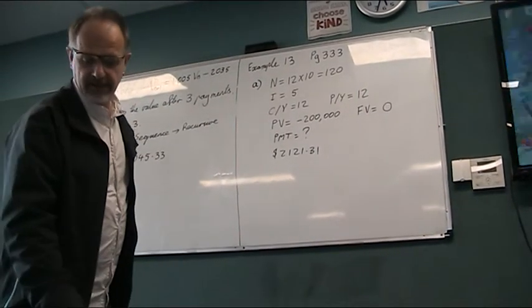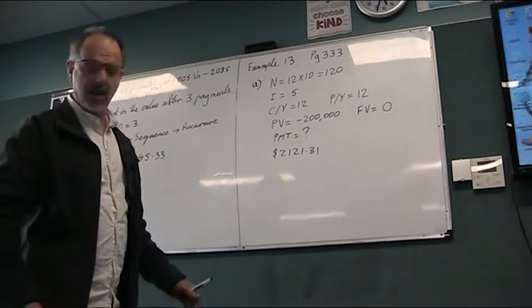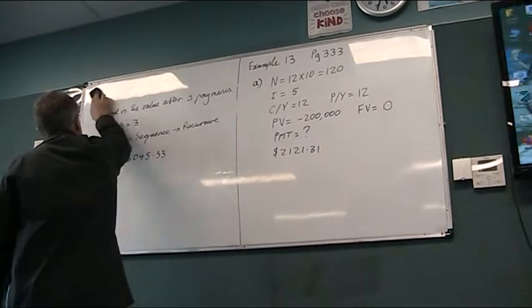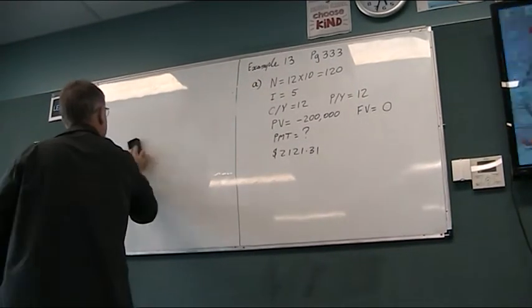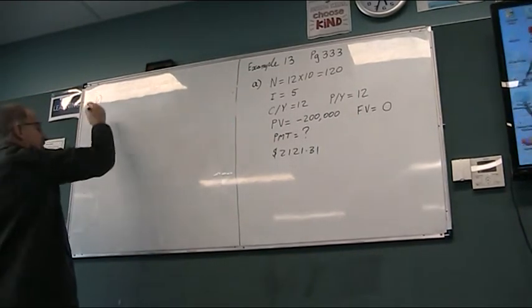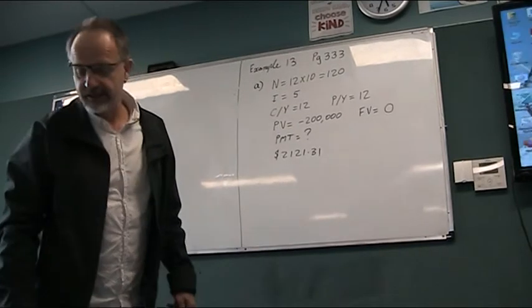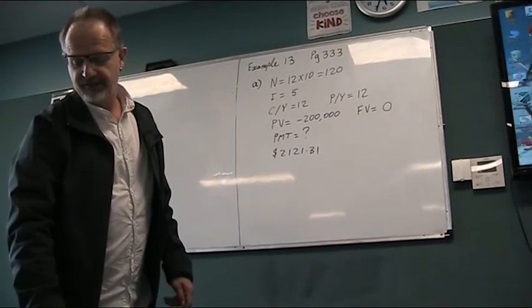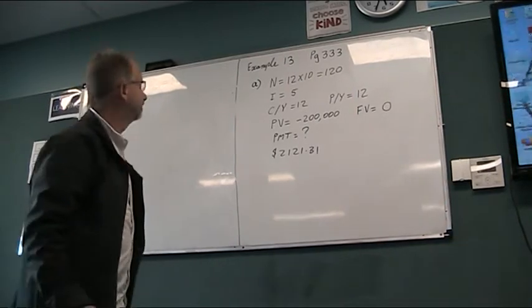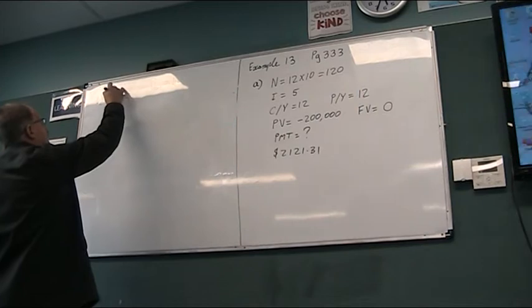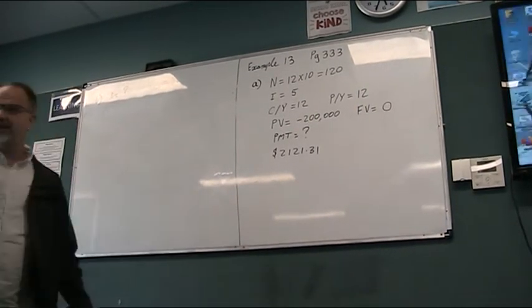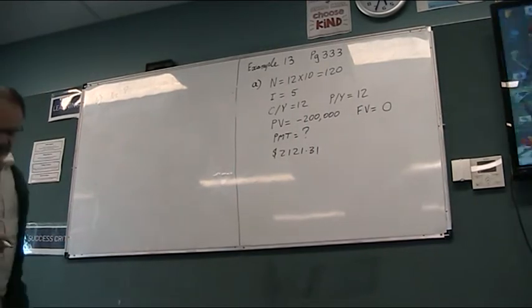All right, so the next scenario asks us some other things. We've still got the same amount of money that he's put in, but it says if he receives a regular monthly payment of $3,000, how long will it last? All right, so N is how many payments it will receive, and that's what we're trying to figure out here.